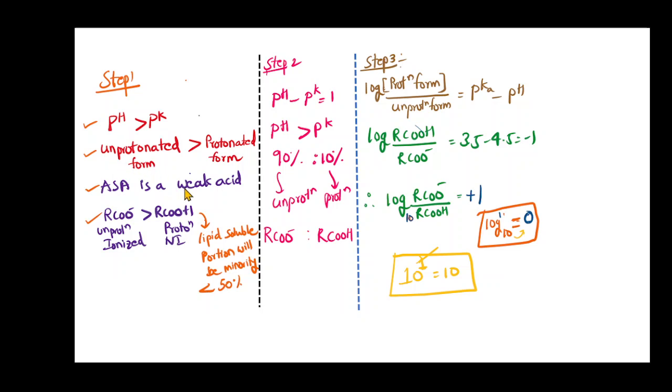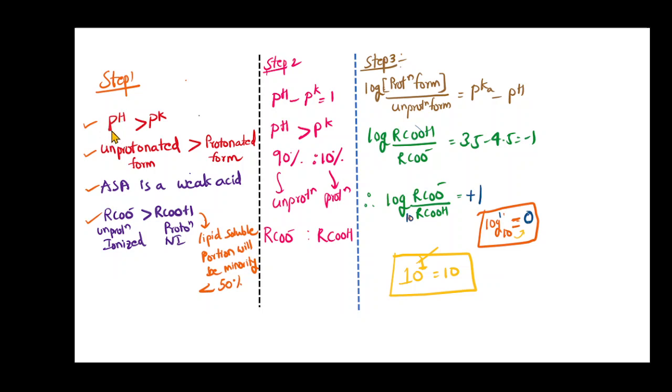Since it is a weak acid, the unprotonated ionized form would be more than the protonated form. The pH is greater than pKa. What does it tell? It is an alkaline medium.